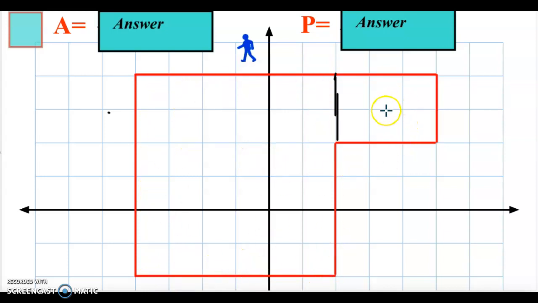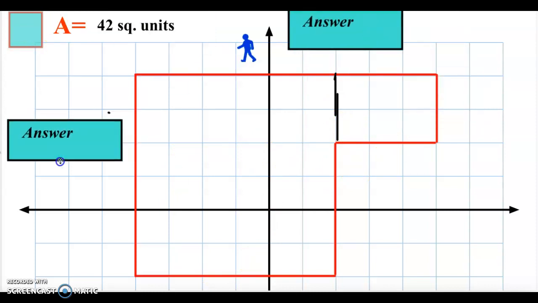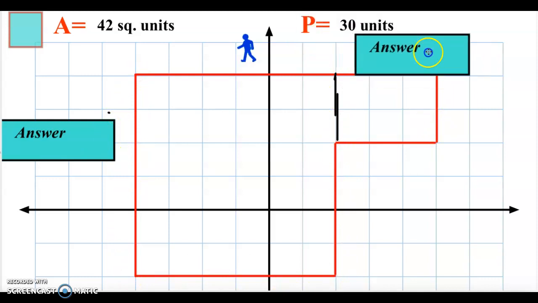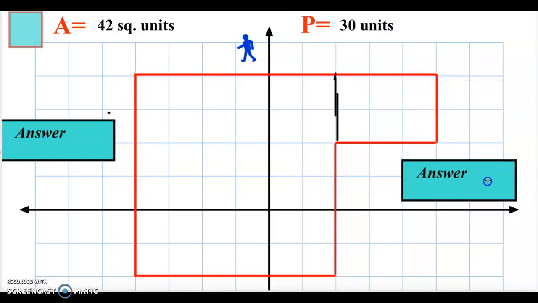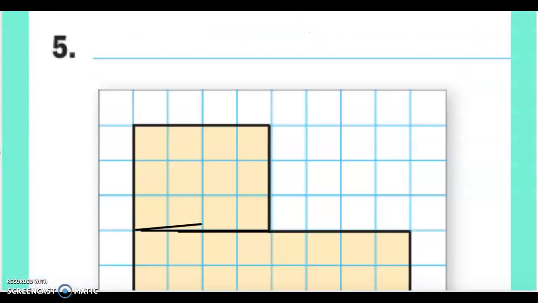The area of this is 6. 36 plus 6 comes out to be 42 units squared for the area. And perimeter, you would find the distance all around it. You can hit pause and think about what it would be, and the answer would be 30 units, just so you know. But go through this video again if you find it more helpful to listen to it more than once.